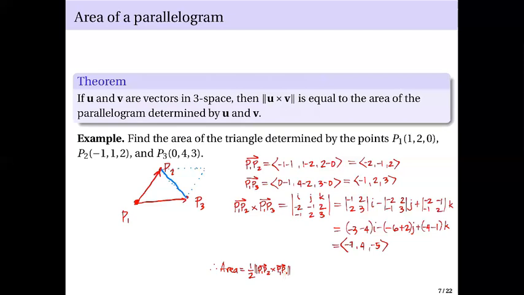So we calculate the norm. So this is equal to 1/2 square root of negative 7 quantity squared plus 4 squared plus negative 5 squared.